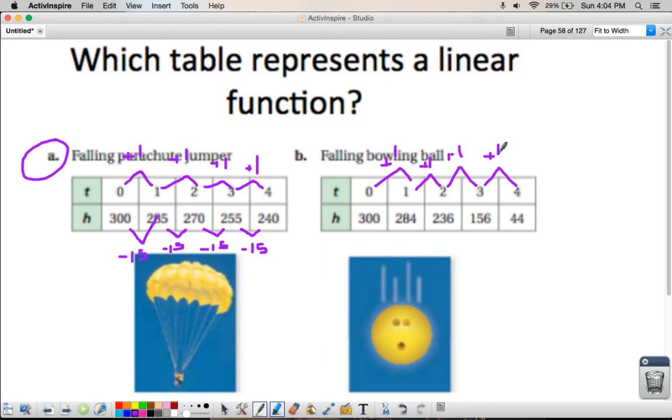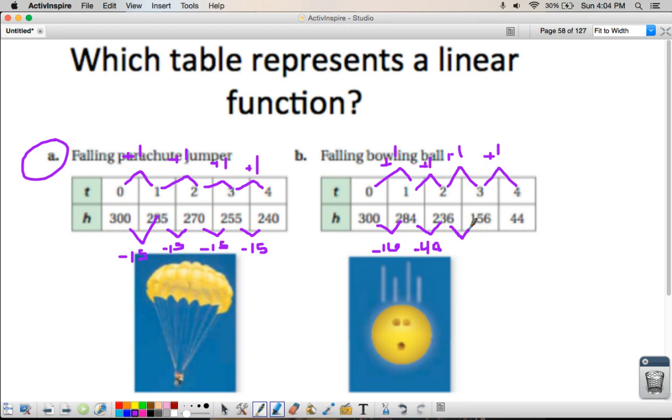This time h is my output. How do I get from 300 to 284? I'm subtracting 16. Then from 284 to 236, I'm subtracting 48. So I can already tell this isn't constant.